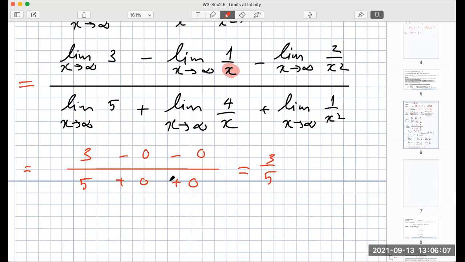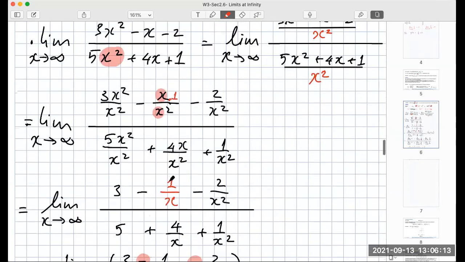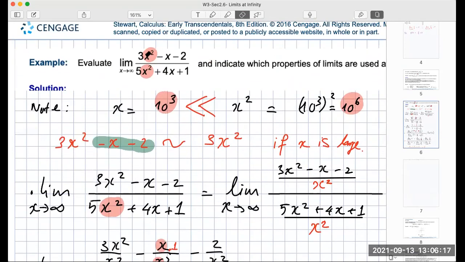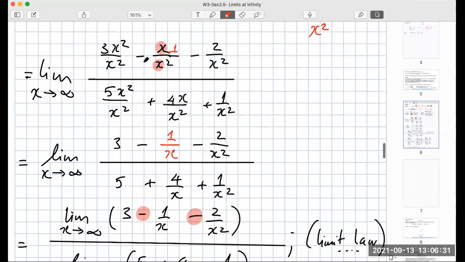Very good. So it's very interesting that the result of this limit is exactly the coefficient ratio here, 3 over 5, right? So once we know the highest degree, we can guess. Okay, very good.